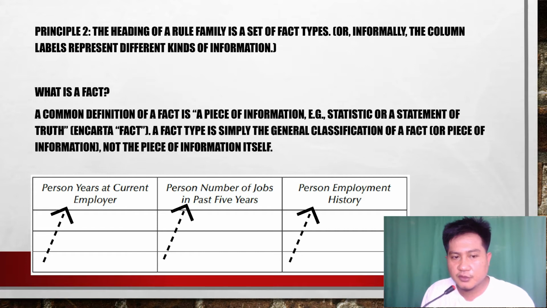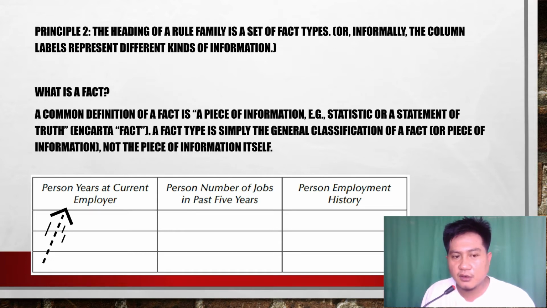For example, the person years at current employer, person number of jobs in past 5 years, person employment history. So these 3 are the column labels, or what we call fact types. So this represents different kinds of information.